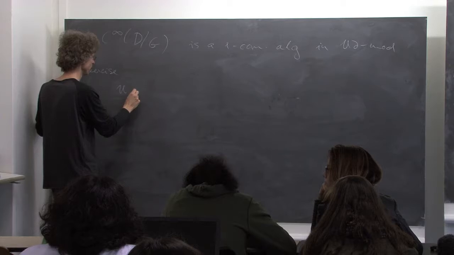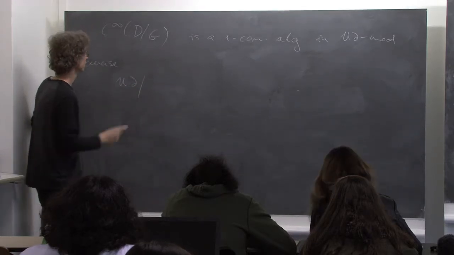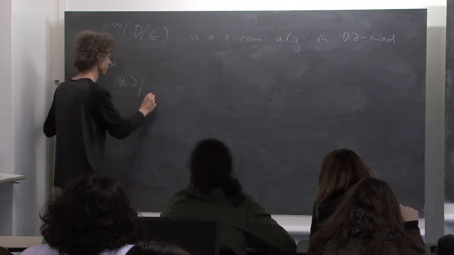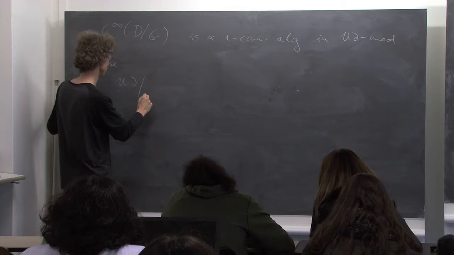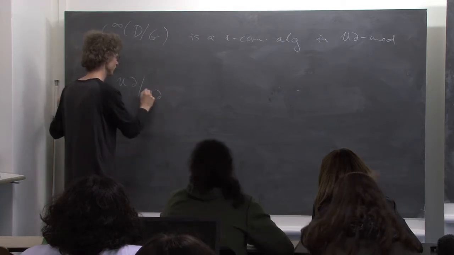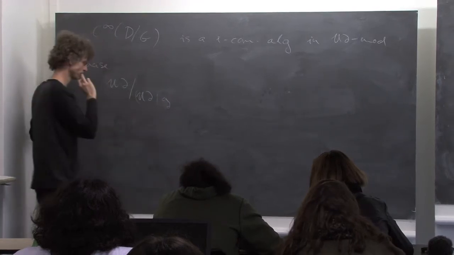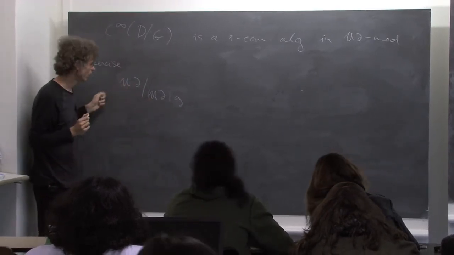So when we take UD and modulo, from which side should I, like this, UD times G. That's a subspace here, or it's whatever.